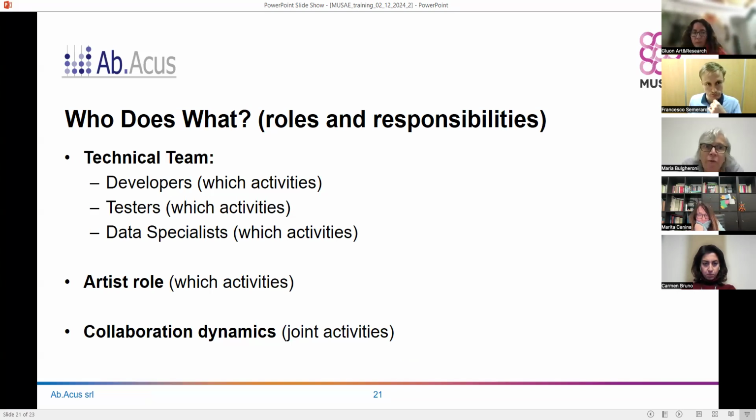For example, one of your work packages may be usability test, user study, okay? And if you have data, you need to have a person taking care of data. And the same on the artistic side. So not only what to do, but who does what. Otherwise, the main issue is that you need more time than the one you have planned at the beginning.